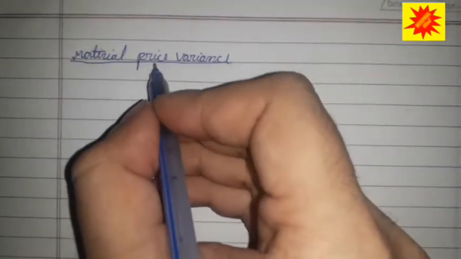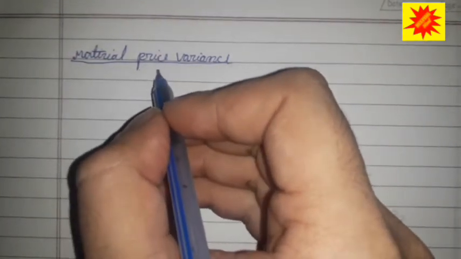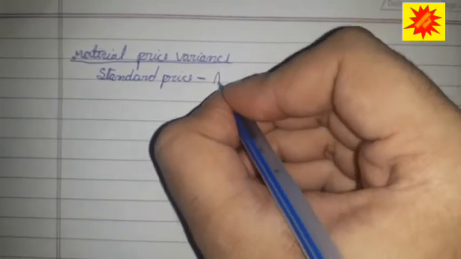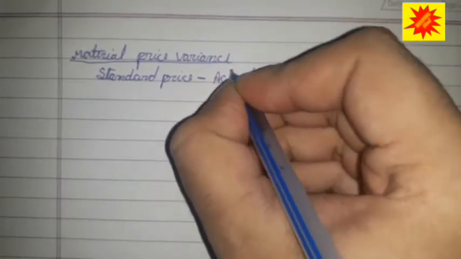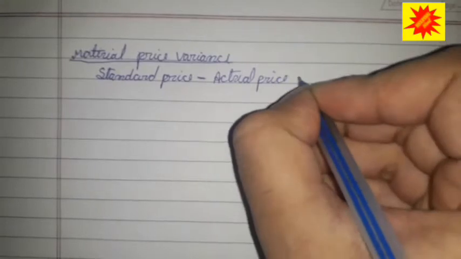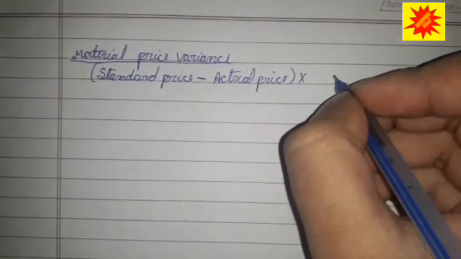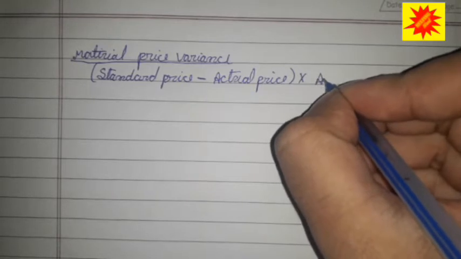Here we remember the word price. When we remember the word price, we know that the difference will be between the prices itself. So the formula is standard price minus actual price into actual quantity.